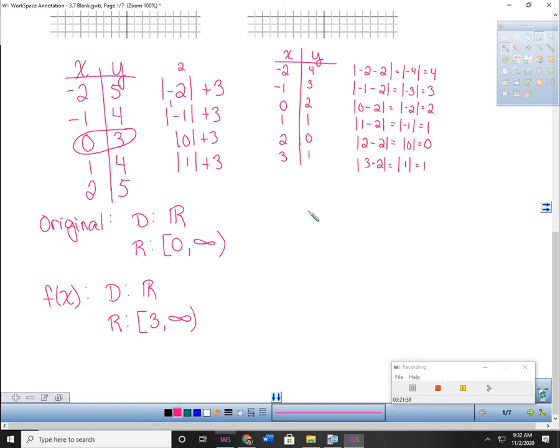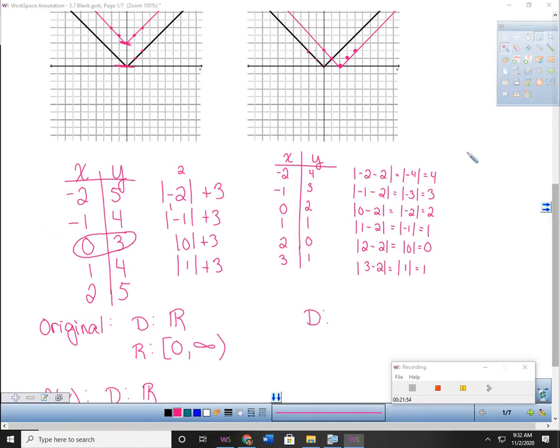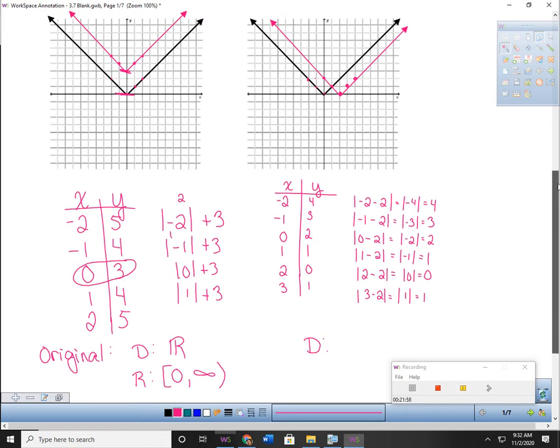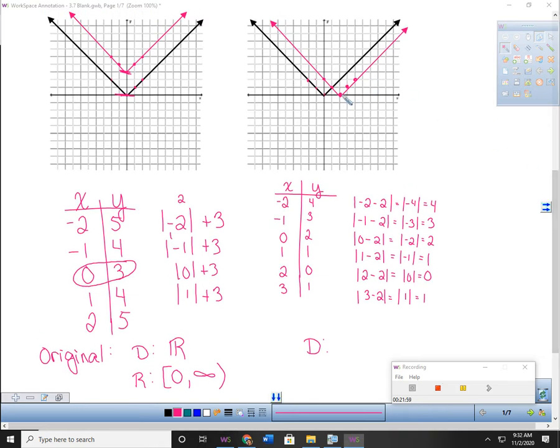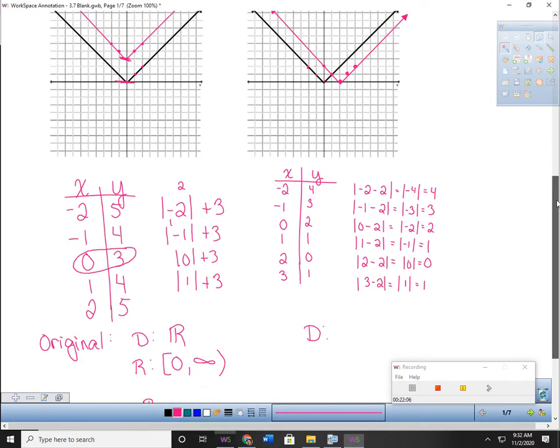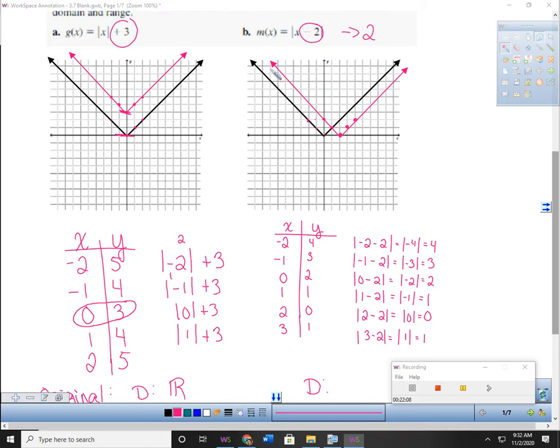Okay, so let's talk domain and range for your pink graph over here. How far left to how far right does your pink graph go? Negative infinity all the way to positive infinity.